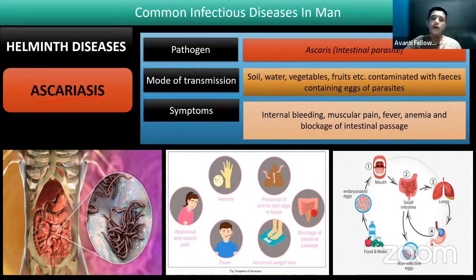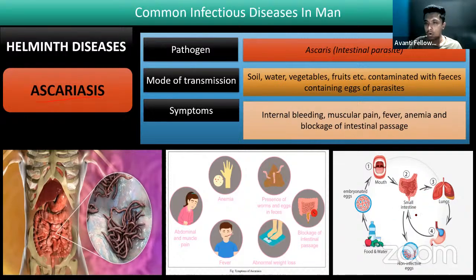What happens when a person who is playing in the soil eats food without washing their hands, or eats vegetables, fruits, or water that are not washed properly? Usually the eggs from these sources, that is soil, water, vegetables, and fruits, enter through our oral cavity and settle in the small intestine.